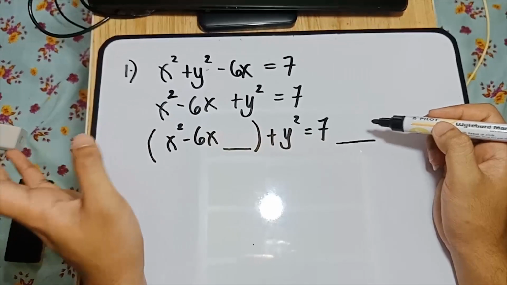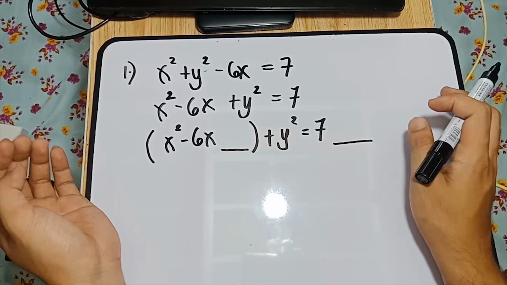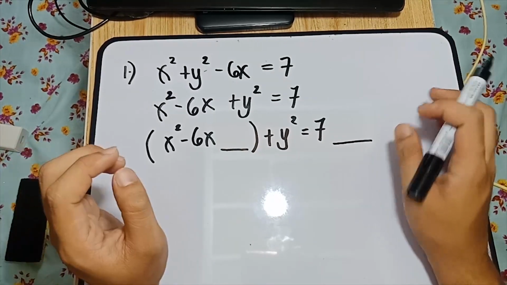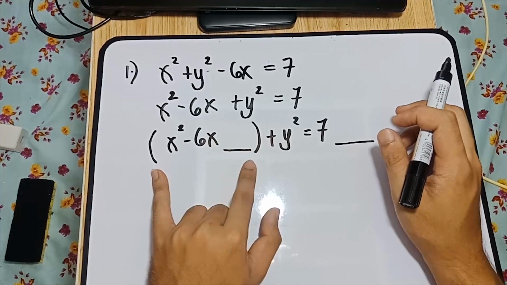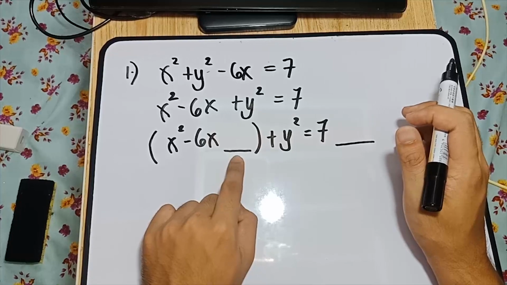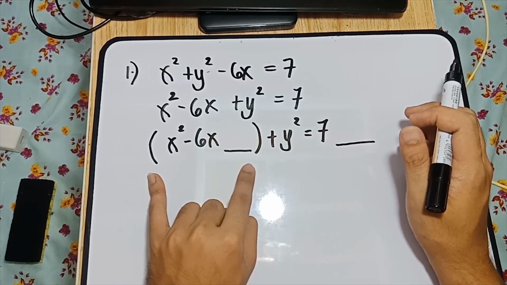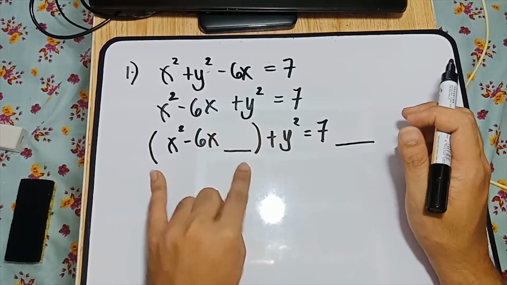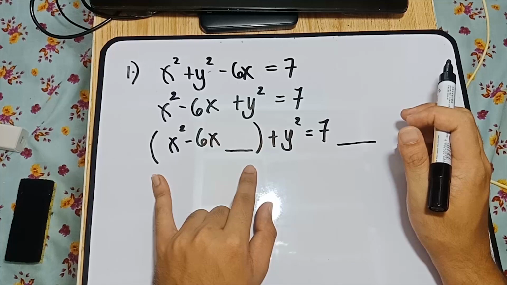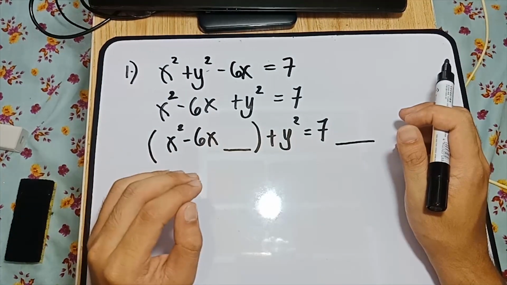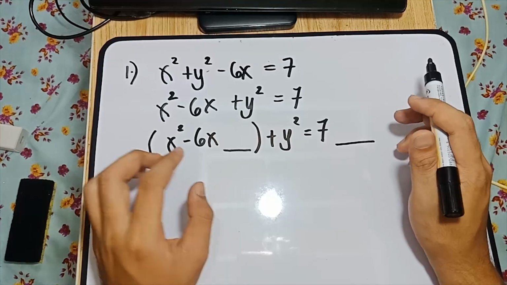Kapag kumuha ka o nagbawas ka doon sa kaliwa, kailangan doon sa kanan mo magbabawas at magdadagdag ka din. Ano ba yung dadagdag natin dito para makakuha tayo ng perfect square trinomial? Kasi pag meron tayong perfect square trinomial, tatransform natin na siya ng square of binomials.